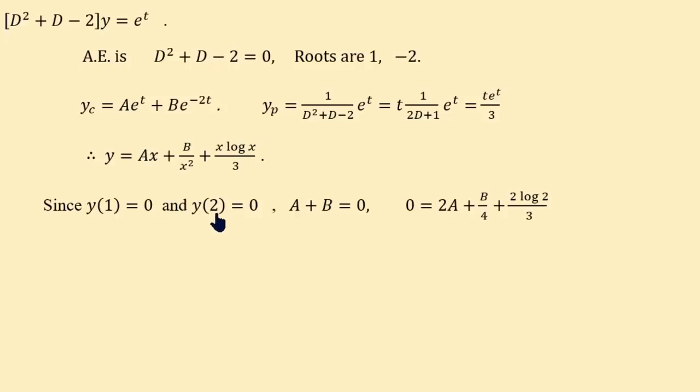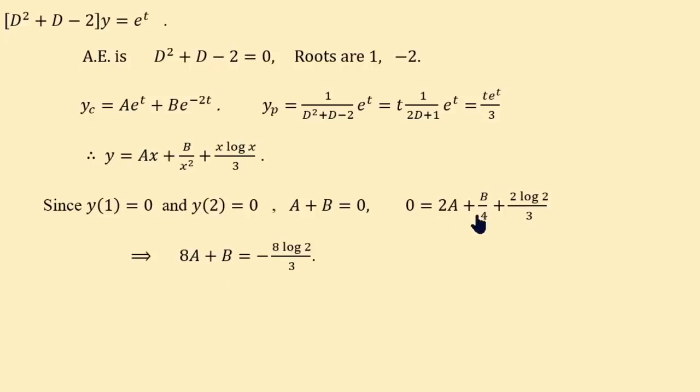When x is 2, a into 2, that is 2a, plus b by 2 square, that is b by 4, plus 2 log 2 by 3 equal to y, y is 0.